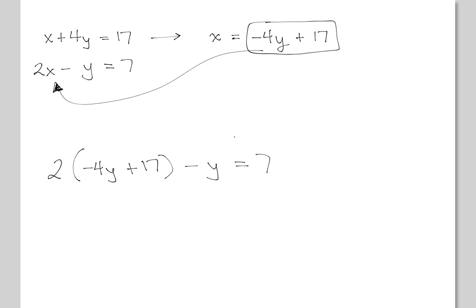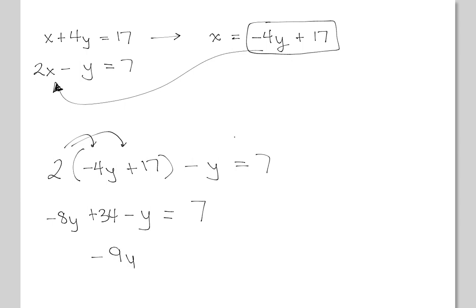Okay, so we've subbed in our expression for x. Timesing through by 2. So how many y's are on the left? All together, what coefficient would it be?